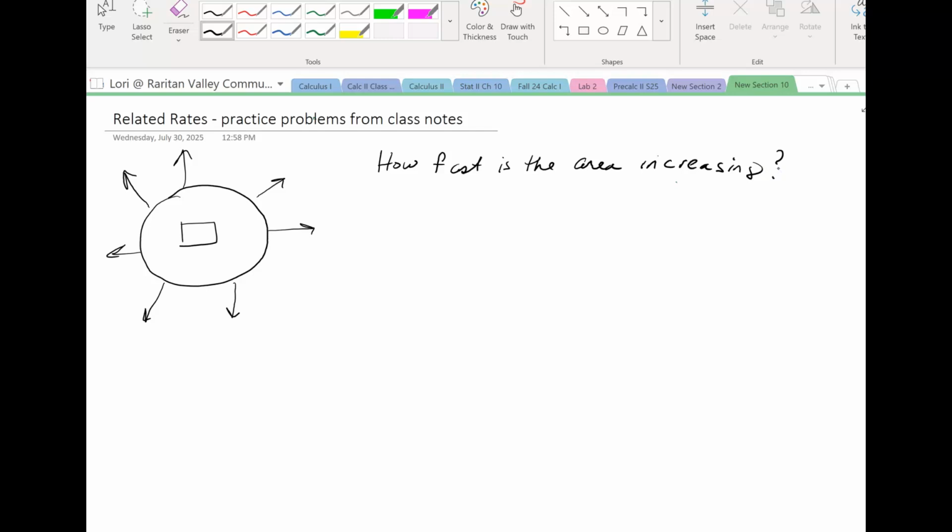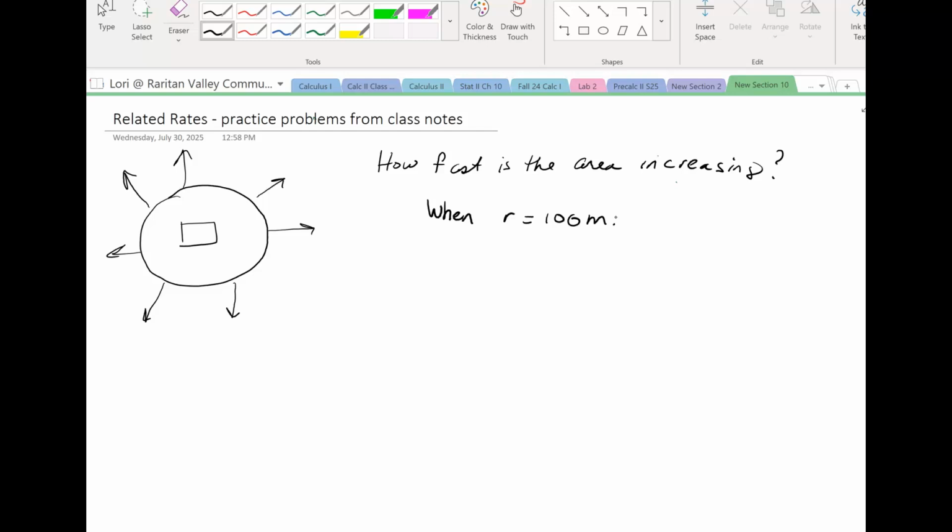So that's what we're looking for in the problem. So let's understand some of the information we are given in that problem. We are given actually 2 pieces of information about the radius. And one of the things is they want to know how fast the area is increasing when the radius is at exactly 100 meters.